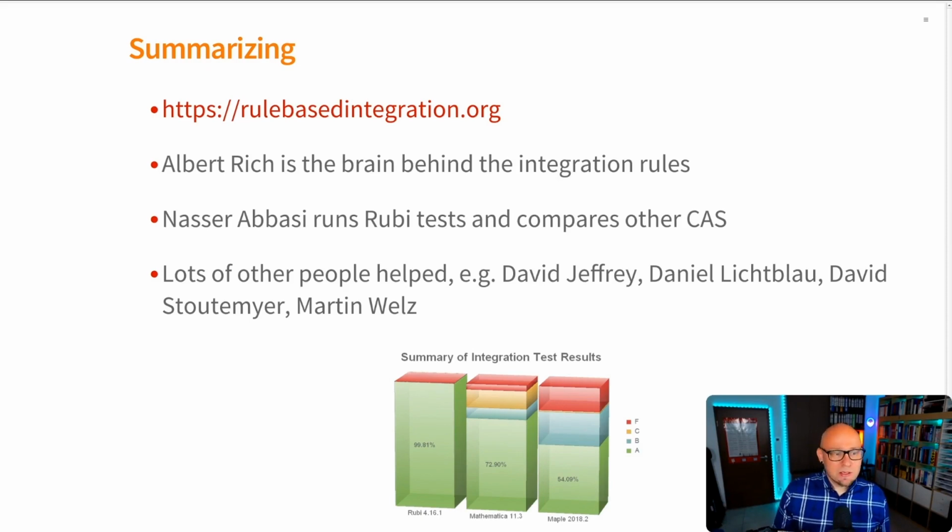Nasser Abazi runs the Rubi tests, and he does an awesome job of comparing the test suite between different computer algebra systems, and lots of other people help tremendously. One of whom will probably sit in the audience, which is Daniel from Wolfram, who, as I've heard, helped a lot with infinite recursions. In the bar chart below, you see how Rubi performs in comparison to Mathematica 11.3 and Maple, running the 72,000 test problems we have.